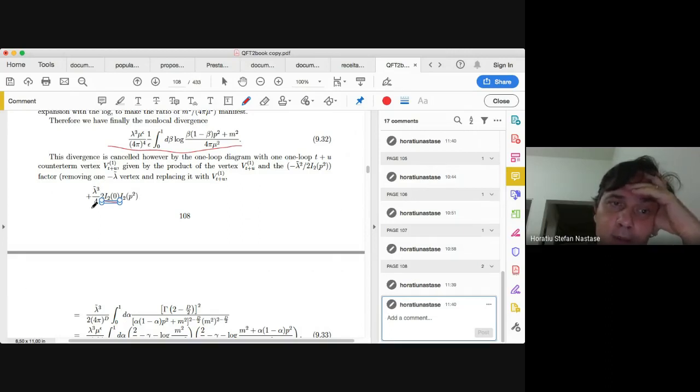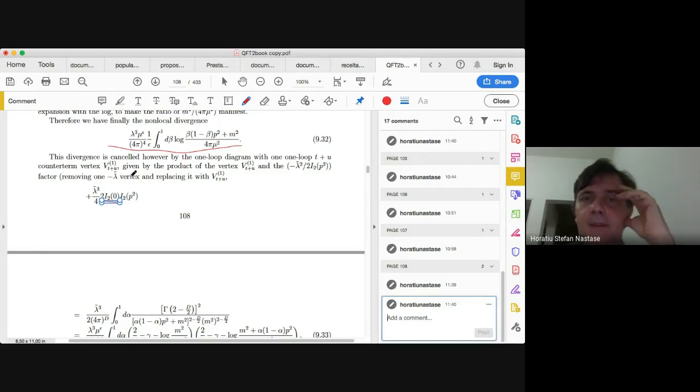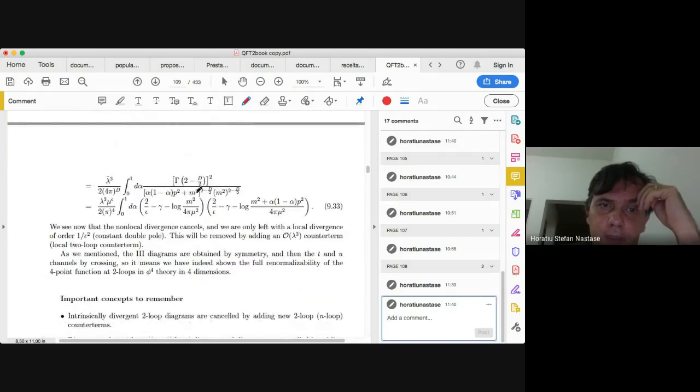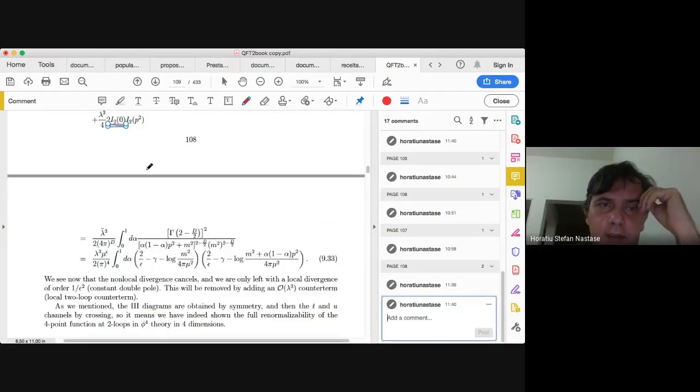And then the dependence on lambda tilde was, well, the counter vertex had lambda tilde squared, and then there's the other vertex, lambda tilde, that does not have a counter term. So the result is this one.